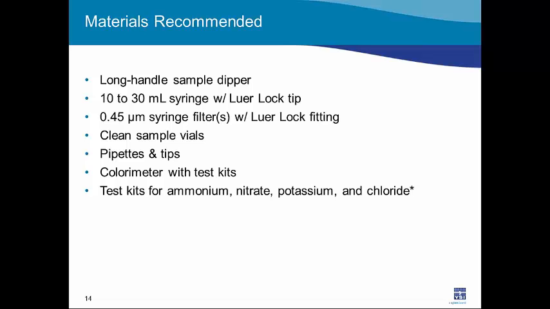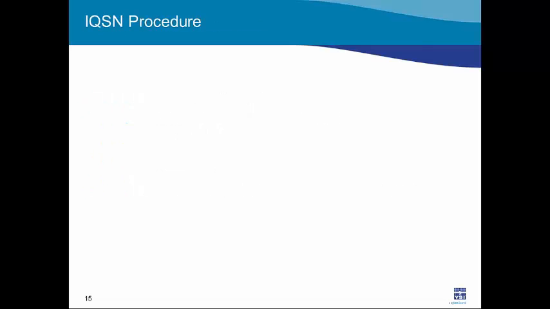The luer lock is basically a threaded fitting that secures the filter to the end of the syringe. A push fitting can sometimes pop off. You want clean sample vials. You'll need pipettes and tips to use with your colorimeter, and test kits for ammonium, nitrate, potassium, and chloride to do a complete matrix adjustment.